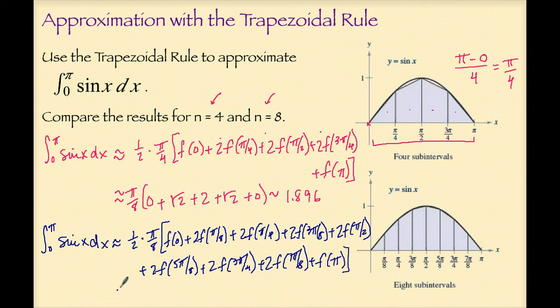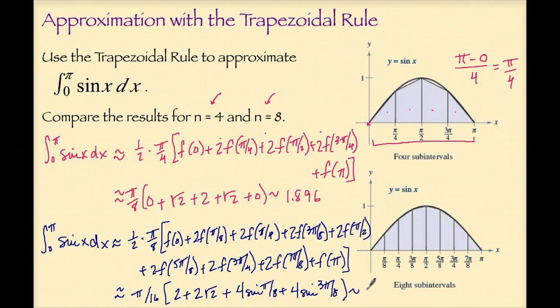Now simplifying this gives me pi over 16, and eliminating the 0 function values and combining like terms gives me 2 plus 2 radical 2 plus 4 sine of pi over 8 plus 4 sine of 3 pi over 8, and that is approximately equal to 1.974.